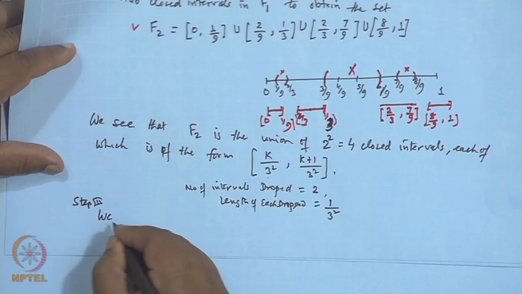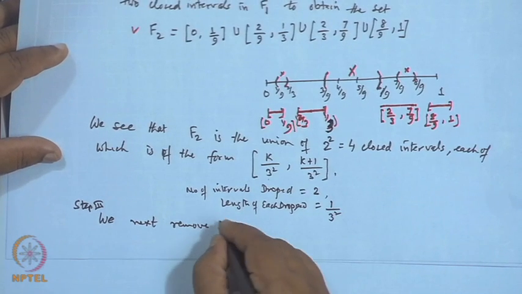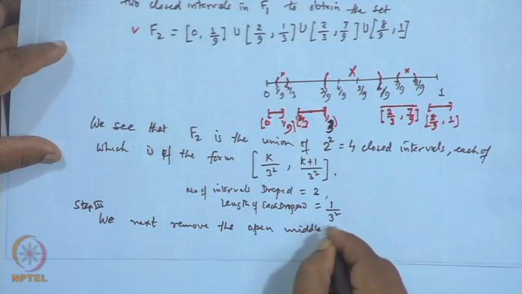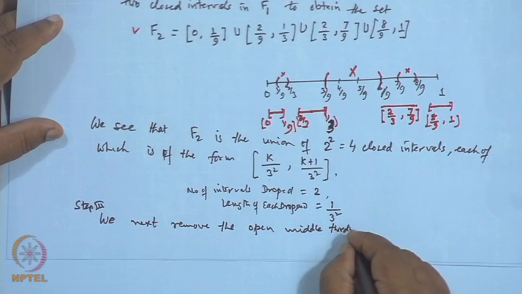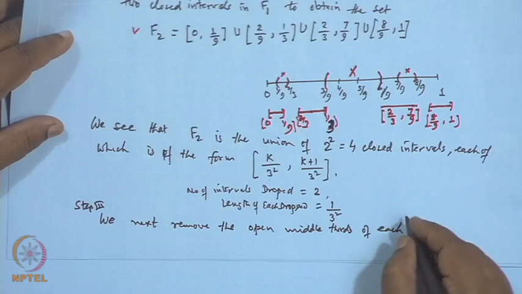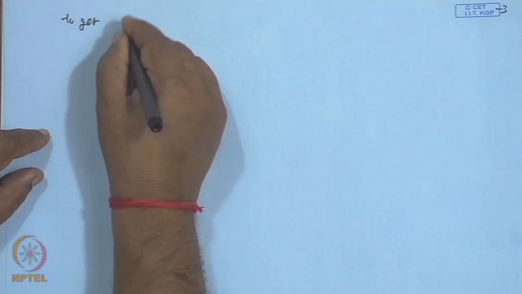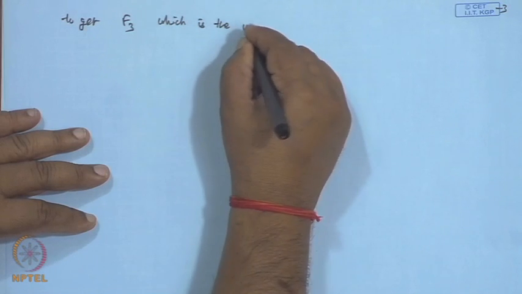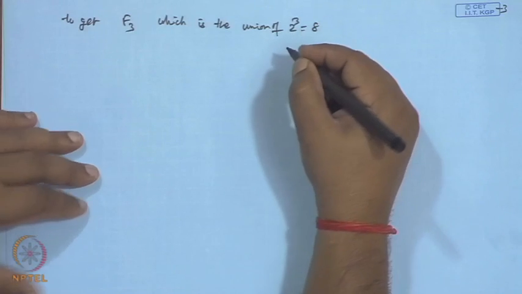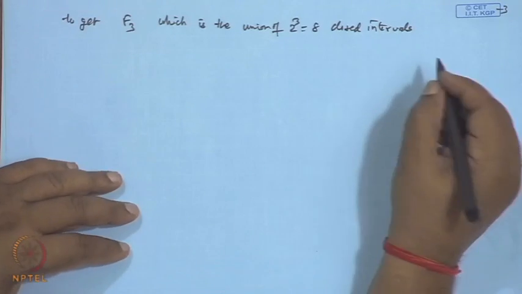Step three, we next remove the open middle thirds of each of these sets to get F3, which is the union of 2 to the power 3, that is 8 closed intervals. And like this, we continue this way.